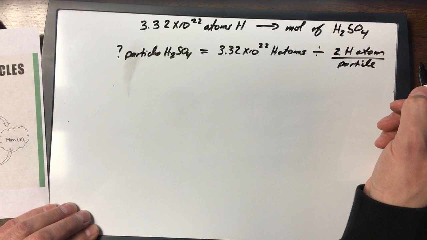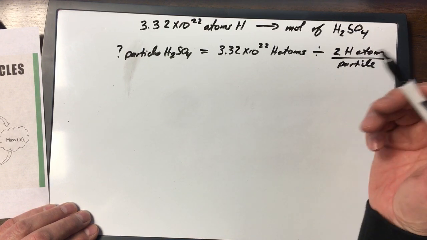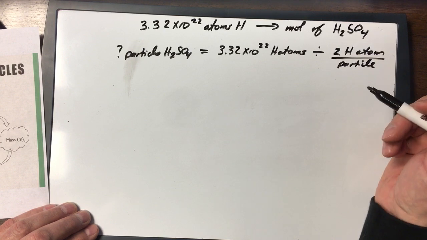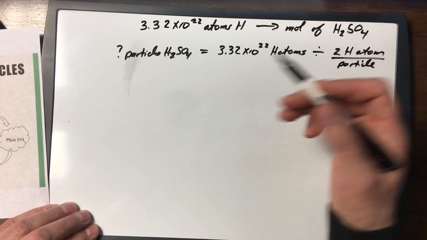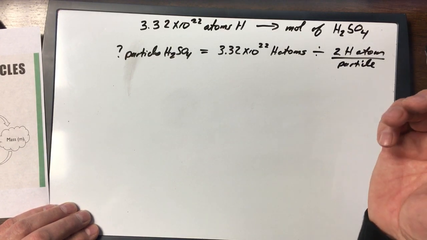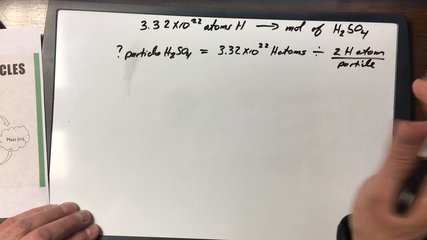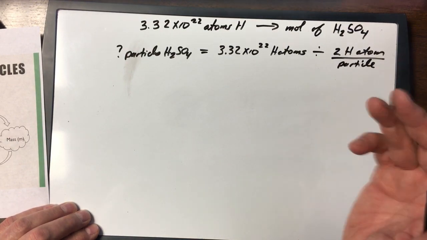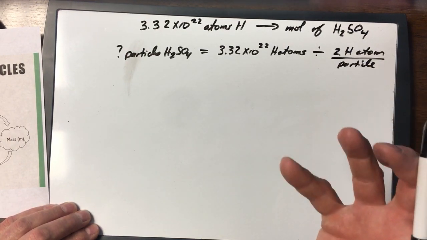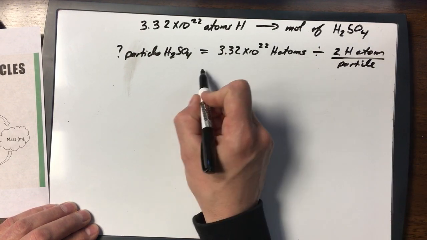I'm struggling with what to call sulfuric acid. It's a covalent compound, so it's a molecule, but in the presence of water, it's an ionic compound. Acids are extremely unique, so I'm hesitating calling them molecules or formula units, and that's why I'm calling them particles. But whatever, we understand that particles are just simply the cluster of, in this case, atoms that make up that compound.